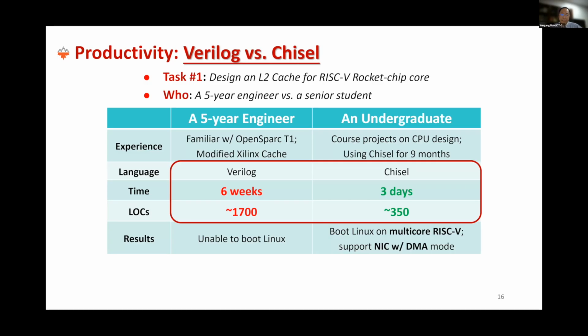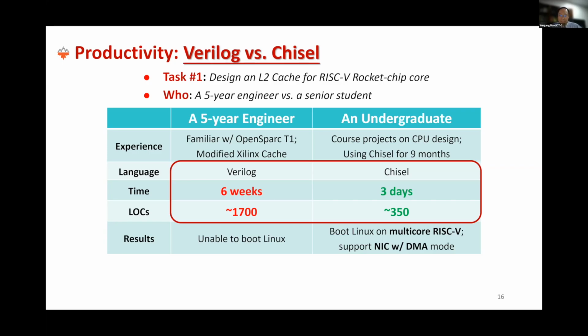The 5-year engineer took about 6 weeks and programmed about 1,700 lines of code, and finally integrated the cache into the Rocket Chip, but it was unable to boot Linux. But the undergraduate used Chisel and took only 3 days to finish the design, which is only 350 lines of code.